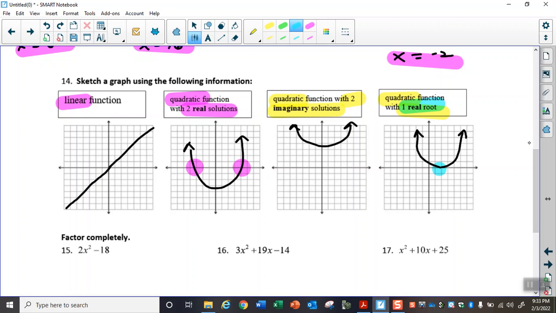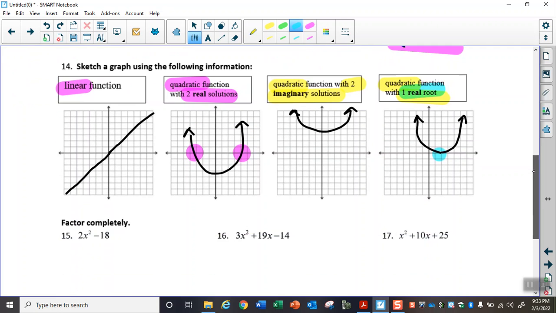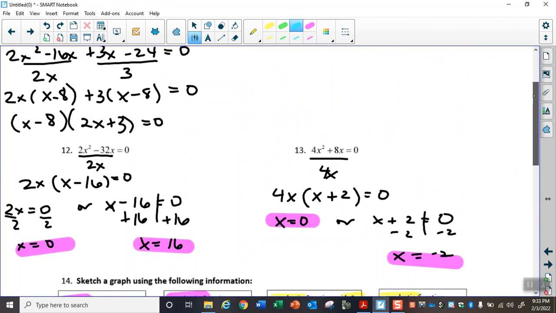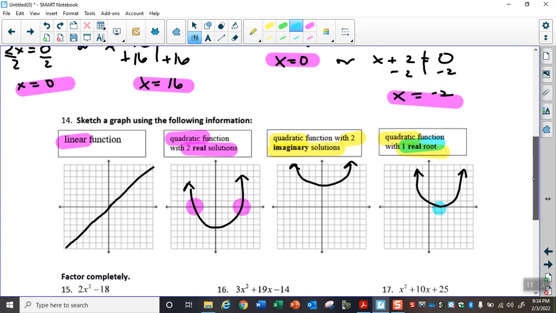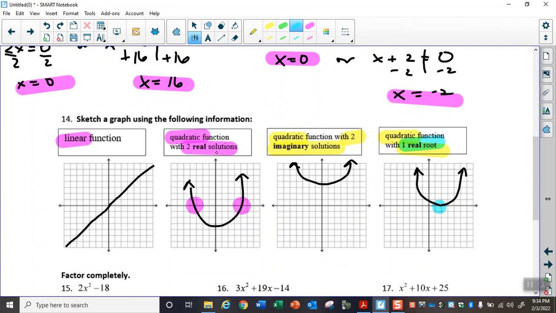All right, and that's all you need to be able to do for the test next Tuesday. Quadratic formula and solve by factoring. Okay, and then understand that the zeros, the solutions are the x-intercepts, right? That's an x-intercept. So where it crosses the x-axis, those are the solutions.